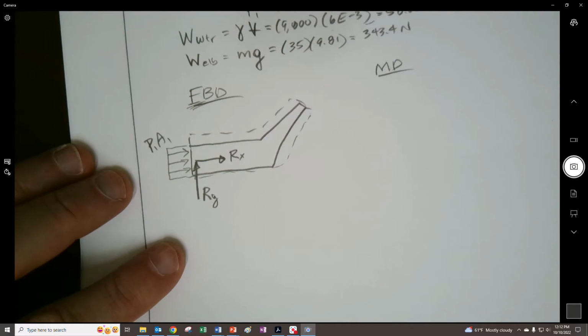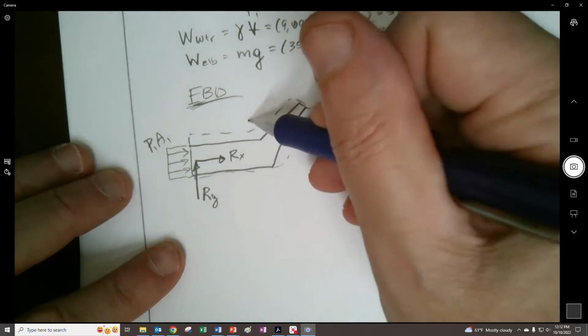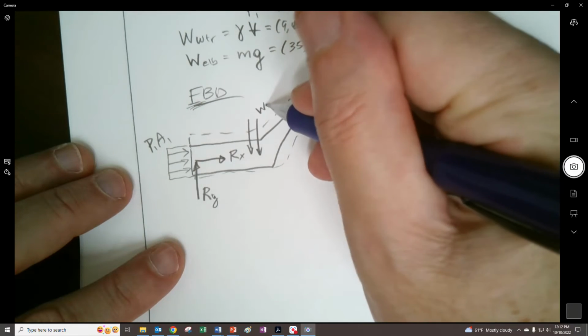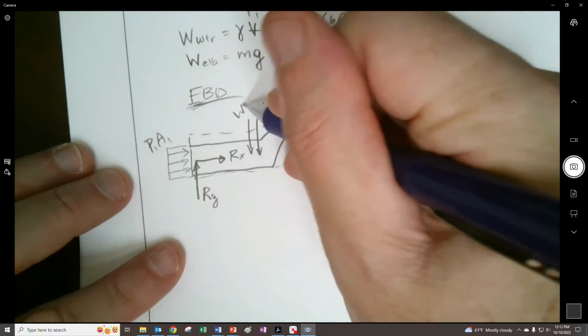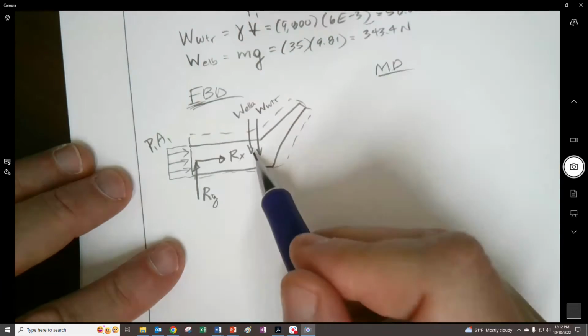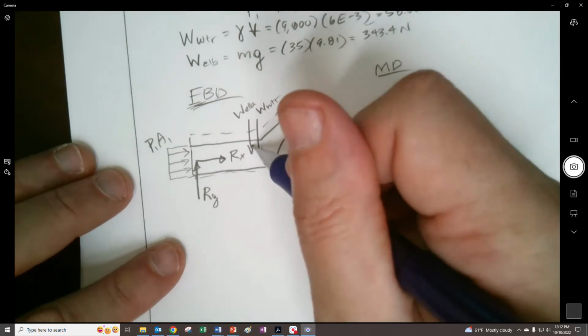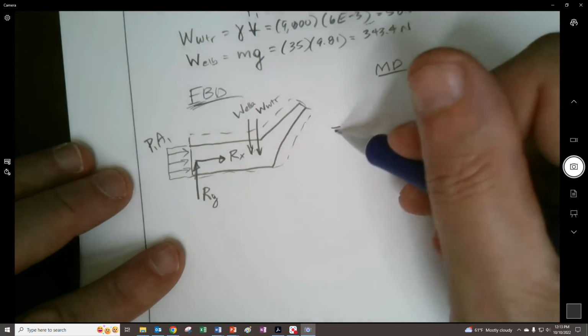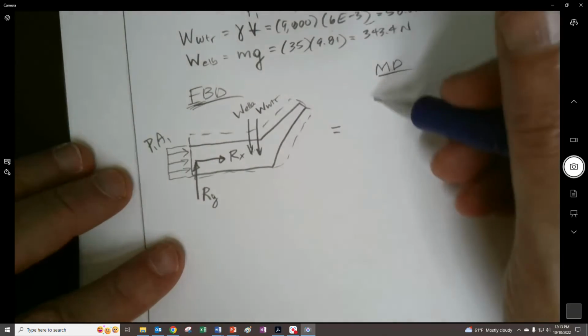That's acting onto the control volume. We also have the weight, and then right next to it, we can put the weight of the water and the weight of the elbow. And if somebody asked, yes, it's actually at the same spot. I just wanted to put 2 arrows on it, so it's not going to matter. I just put them separate right there.